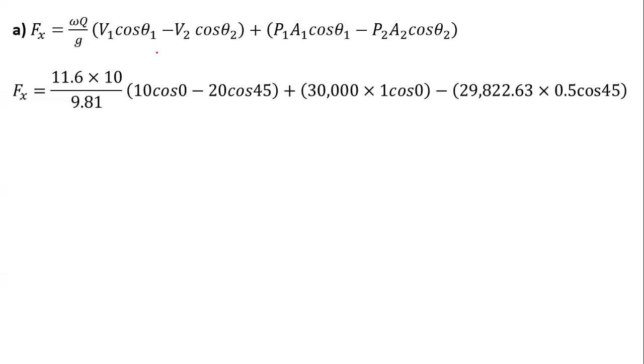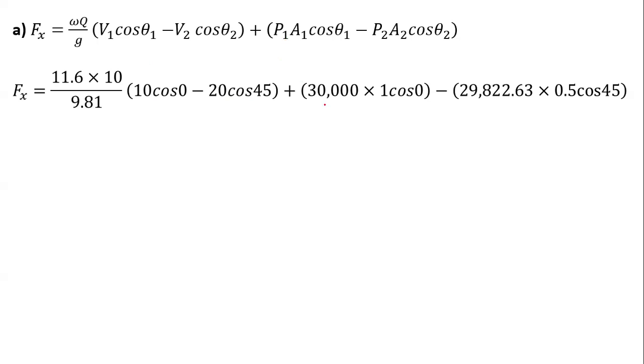So we start substituting. Omega is 11.6, discharge is 10, G is 9.81. V1 is 10, theta 1 is 0. Then V1 10, so we have 10 cos 0, minus V2 is 20, then cos theta 2 is 45.